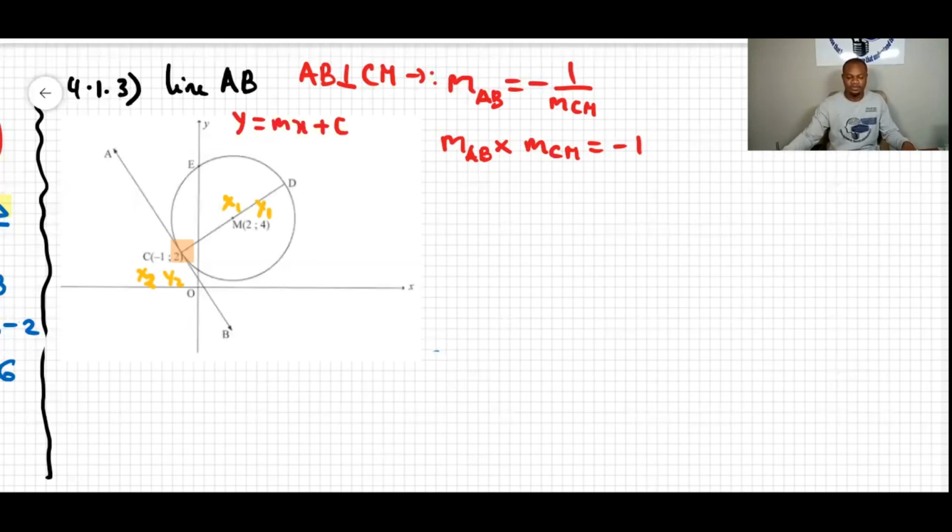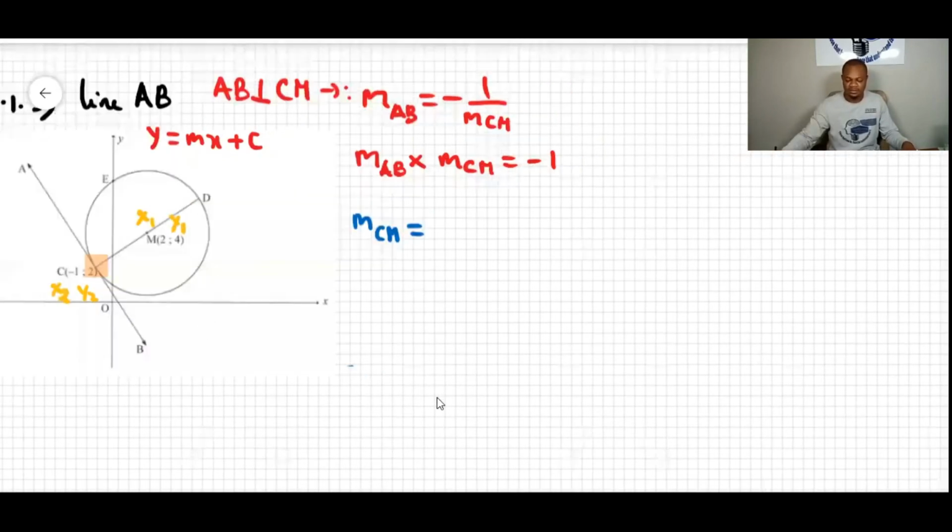Let's first work out the gradient of CM. Let me first write the formula here. The gradient m is given by y2 minus y1 over x2 minus x1.